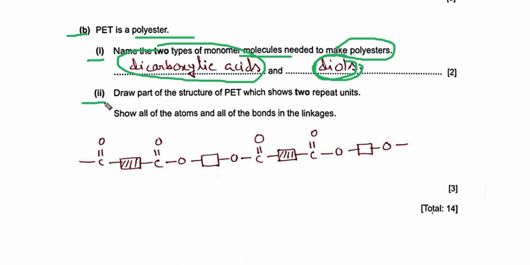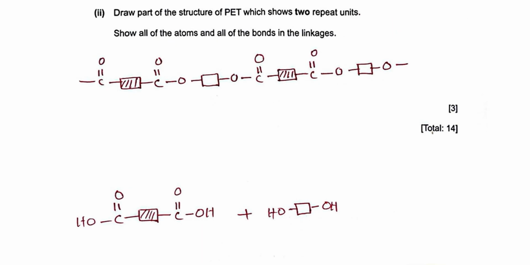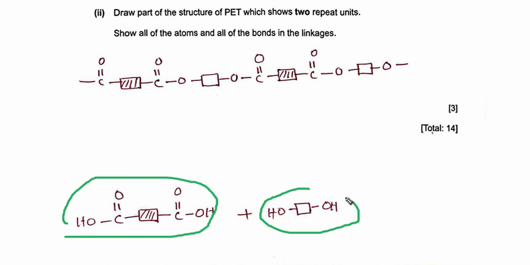And now number 2, draw part of the structure of PET polyester which shows 2 repeat units. So one dicarboxylic acid, and you see this is dicarboxylic acid and this is diol.